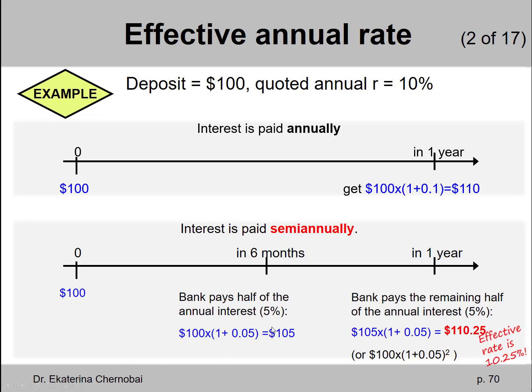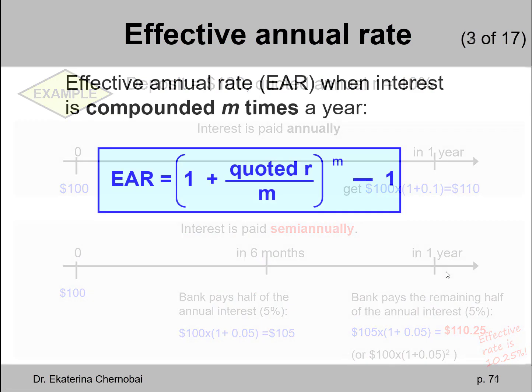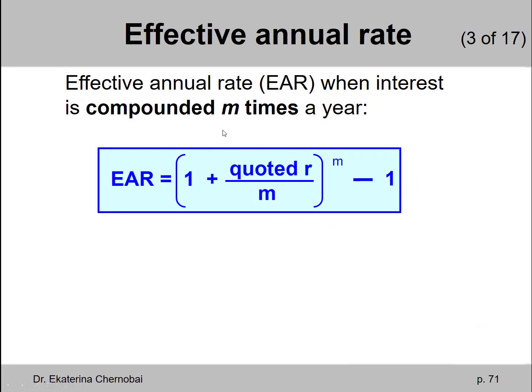So $100 times 1 plus 0.05 raised to the second power. In general, in order to calculate the effective annual interest rate, EAR, when interest is compounded m times a year, we follow this formula. EAR equals (1 plus a fraction with quoted interest rate on top, m on the bottom), the whole thing raised to the power m, and then we subtract 1.